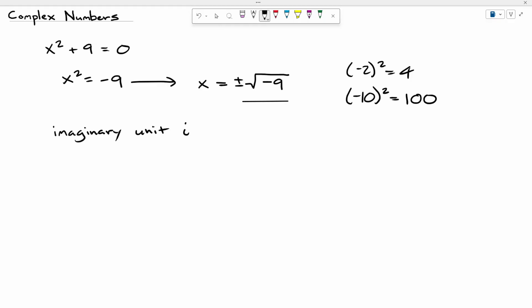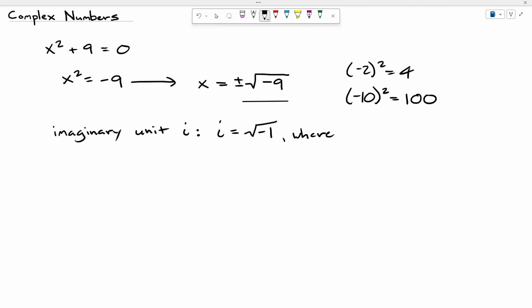The imaginary unit i. And this is defined as i equal to the square root of negative 1.